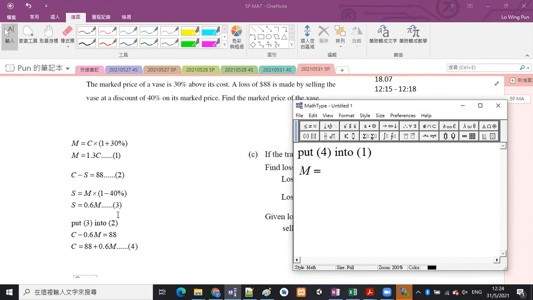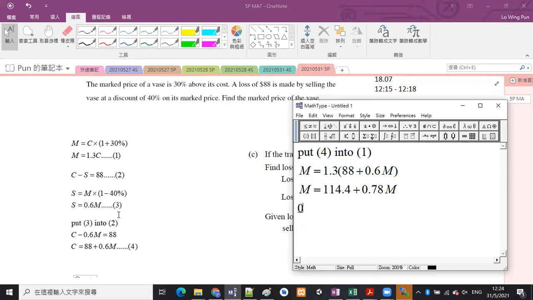So M is equal to 1.3 times 88 plus 0.6 M. You get this? And then just remove the bracket. So what is 1.3 times 88? Can you help me? Okay, thank you. And then 1.3 times 0.6 should be 0.78 M. And then we just subtract the 0.78 M to the left-hand side.